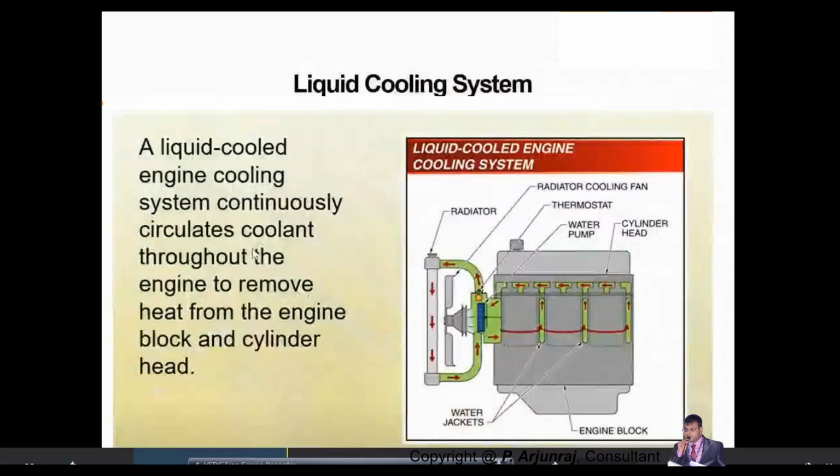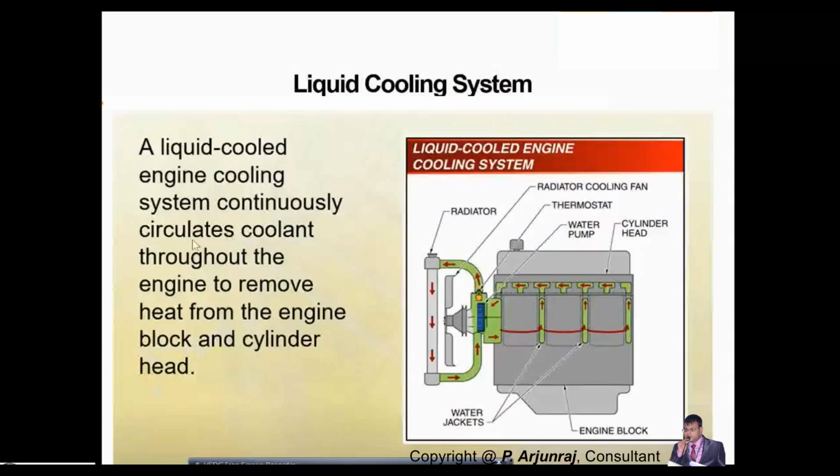So this is the liquid cooling system, where you continuously circulate the coolant throughout the engine to remove the heat from the engine block and cylinder. This is the radiator. You have the thermostat, and here you are going to reduce the temperature of the engine cylinder block.